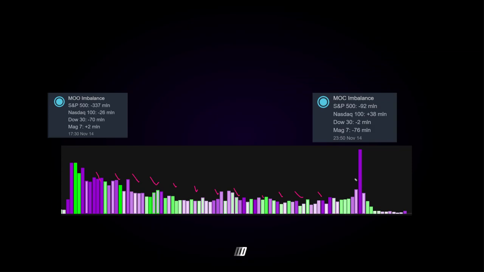So the orders that they were not able to fill throughout the session will enter the market at the end of the session in the form of market on close orders. And the exchange will release a market on close imbalance, an imbalance between buyers and sellers of market on close orders.